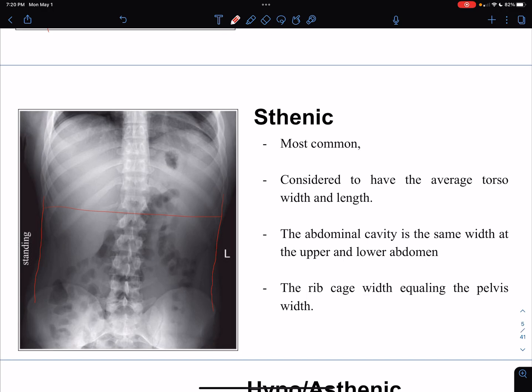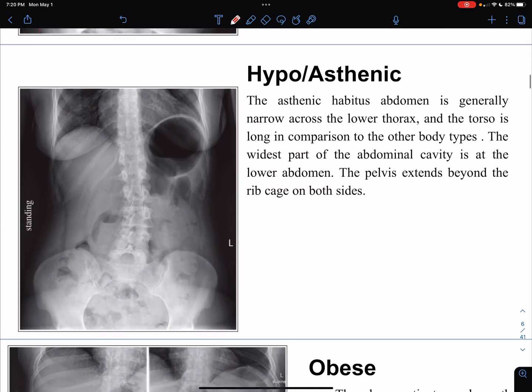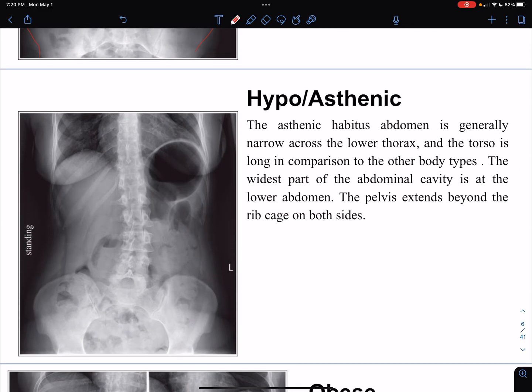So the soft tissue around that is going to be in alignment with the pelvis. That's going to be our average patient. Then our hyposthenic and asthenic patients are going to have a thinner, well, I guess that's not the word I'm looking for, but the lower part of their thoracic cavity is not going to be as wide as their pelvis.